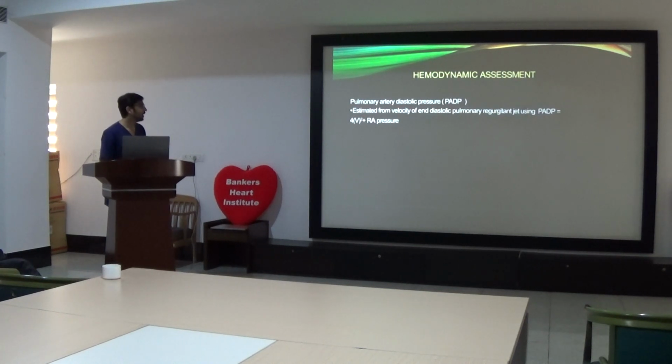So pulmonary artery diastolic pressure is estimated from the velocity of the end-diastolic pulmonary regurgitation jet, using the short axis view at the pulmonary valve level. Pulmonary artery diastolic pressure is 4V squared plus RA pressure.